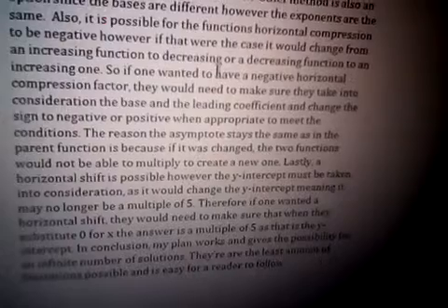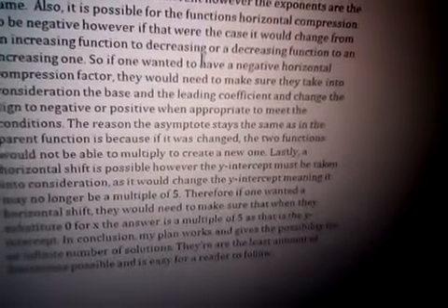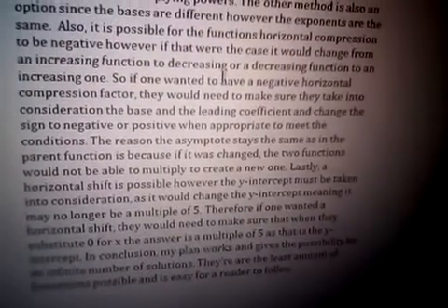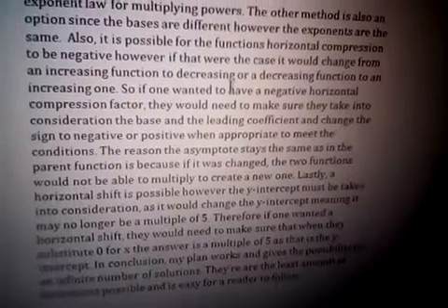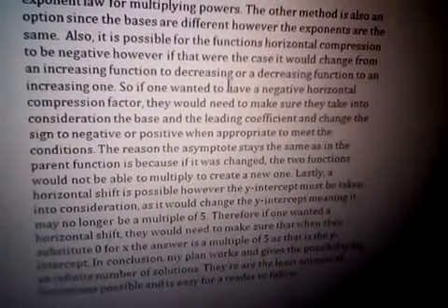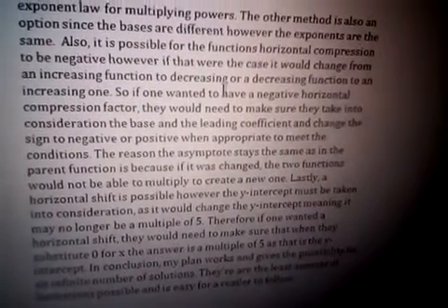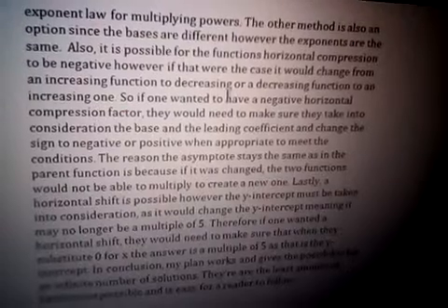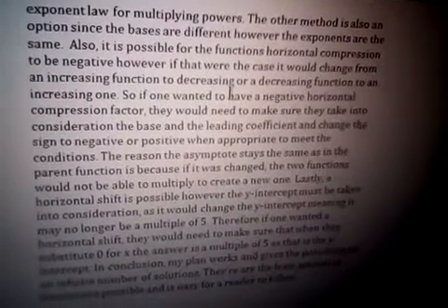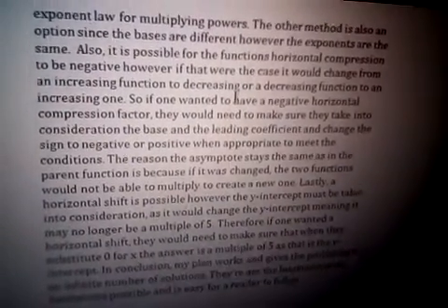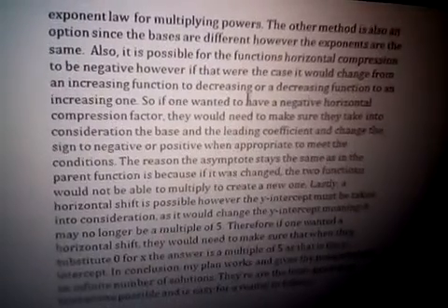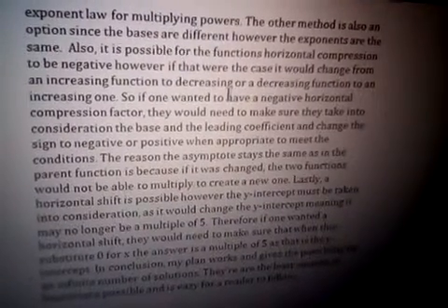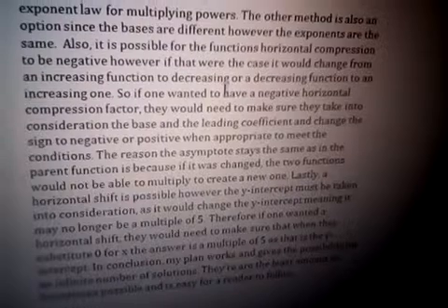Yeah, it did work. So no real laws to confirm it as far as exponent laws or anything, but it definitely worked. Also, it is possible for the function's horizontal compression to be negative. However, if that were the case, it would change from an increasing function to a decreasing, or a decreasing function to an increasing one. Yeah, definitely.